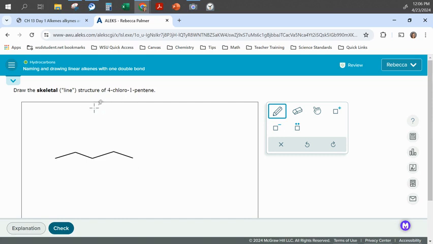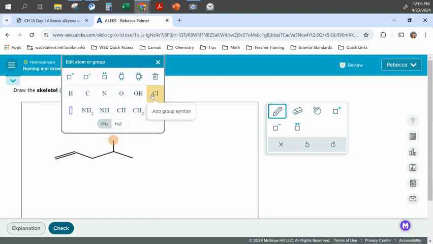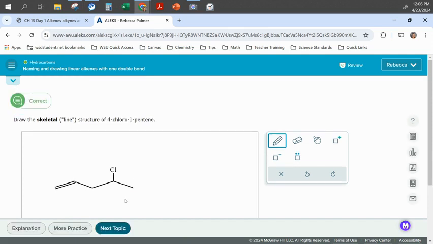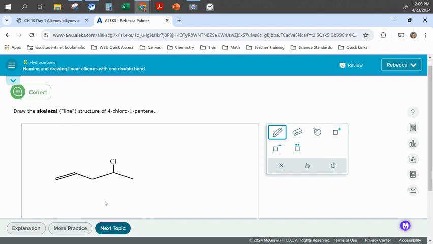The double bond is at the 1 position, and then there's a fluoro at the 4 position. 1, 2, 3, 4. This is pointing up, so I'm going to draw the fluoro pointing up, and then fluorine. Questions on that? So just following the instructions to draw what they say.